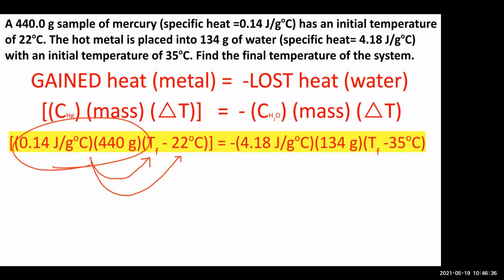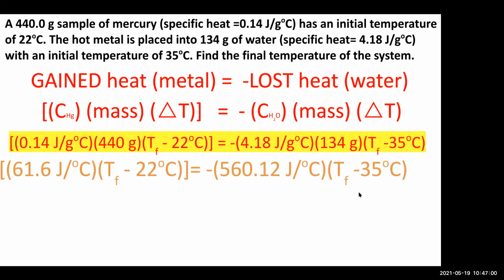On the right, we will have a negative number when we multiply these two, and that negative number will then multiply through our TF and then our negative 35 degrees Celsius. Remember, this negative times a negative will give you a positive number.